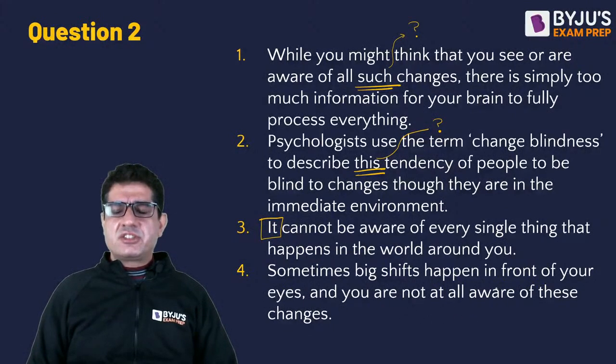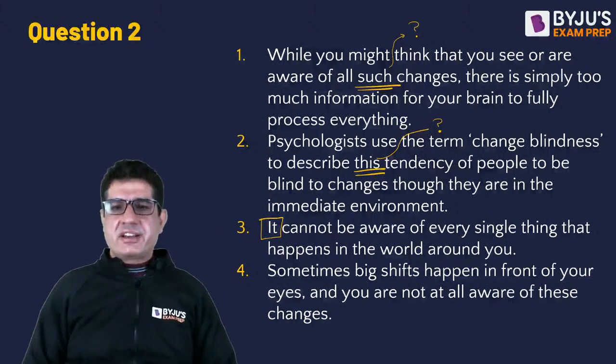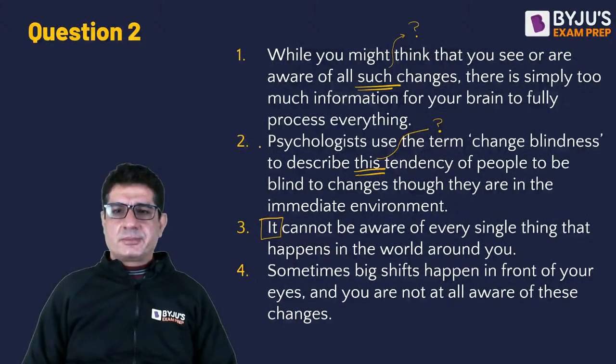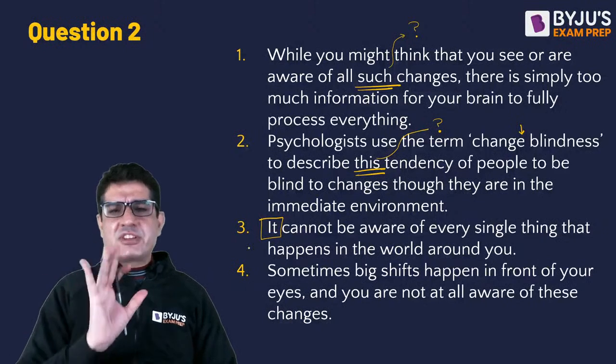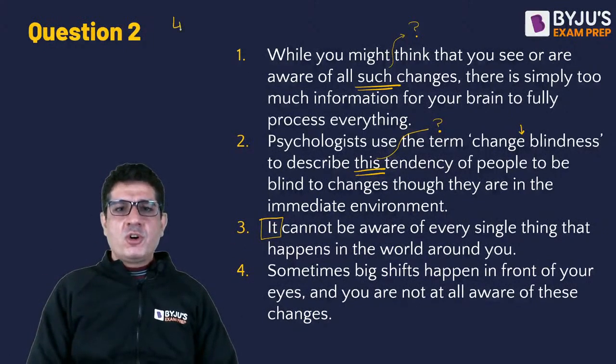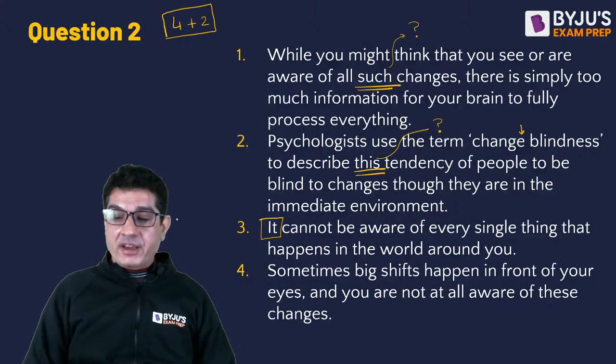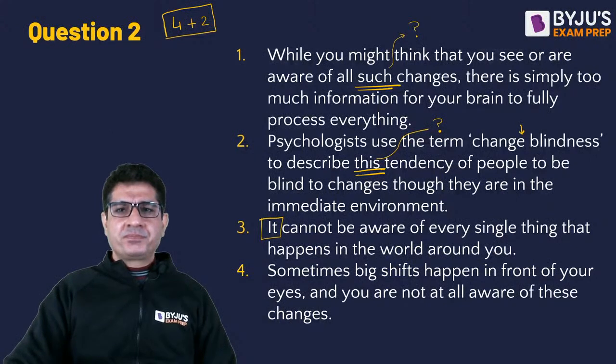At least these changes referring to the first half of the sentence. But now if I look at this, you notice second is talking about change blindness, to describe this tendency of people to be blind to changes though they are in the immediate environment. This tendency is referring to what is mentioned in 4. So 4 and 2 must come together. So that's one mandatory pair that I see.